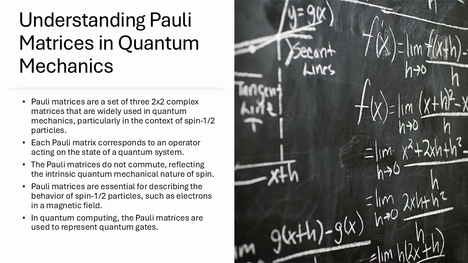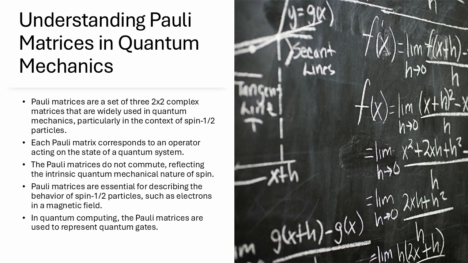So unlike 2 times 3 being the same as 3 times 2, with these matrices the order really makes a difference. Exactly. It highlights the inherent weirdness of the quantum world. Another crucial property is that they have specific eigenvalues and eigenvectors. These are special vectors and values associated with the matrices that reveal the possible outcomes when you measure the spin of a particle.